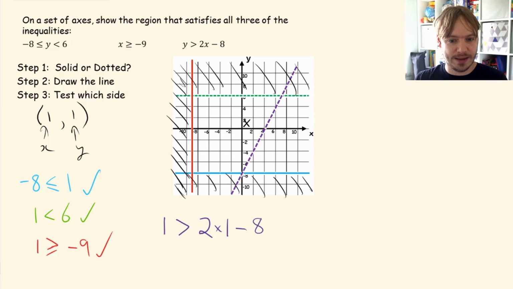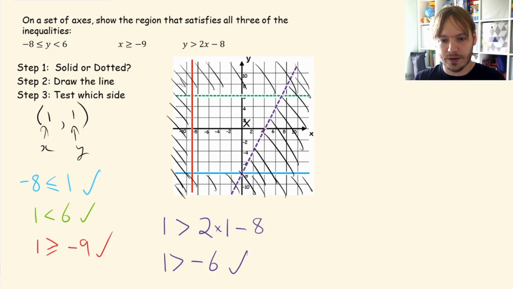I need to just work this out to make sure. So is 1 greater than 2 times 1 is 2, take away 8 is negative 6. Is 1 greater than negative 6? Yes, it is. So again, I've picked the correct side of my purple line. Being above it's right, so being below it we can cross out.